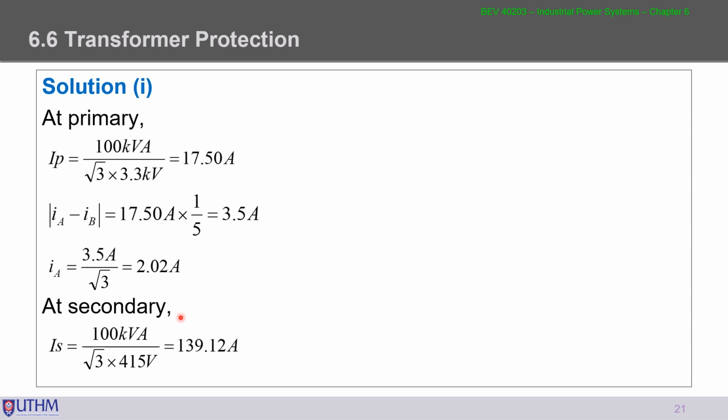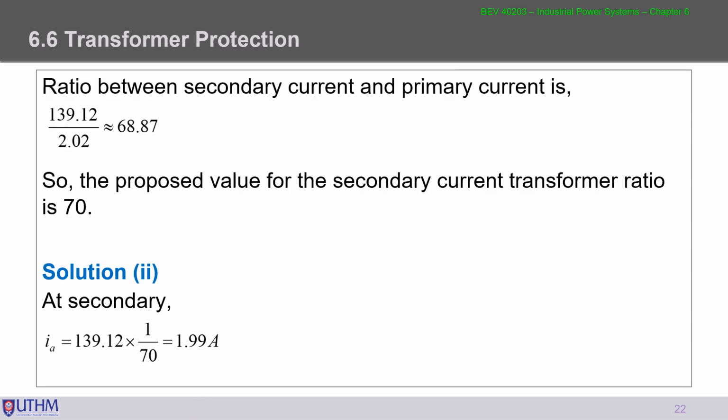Then we repeat the calculation for the secondary side, which is we have to calculate the I secondary, by using the same formula S divided by √3 times V, which is equal to 139.12 A. And we have to calculate the ratio between secondary current and primary current.